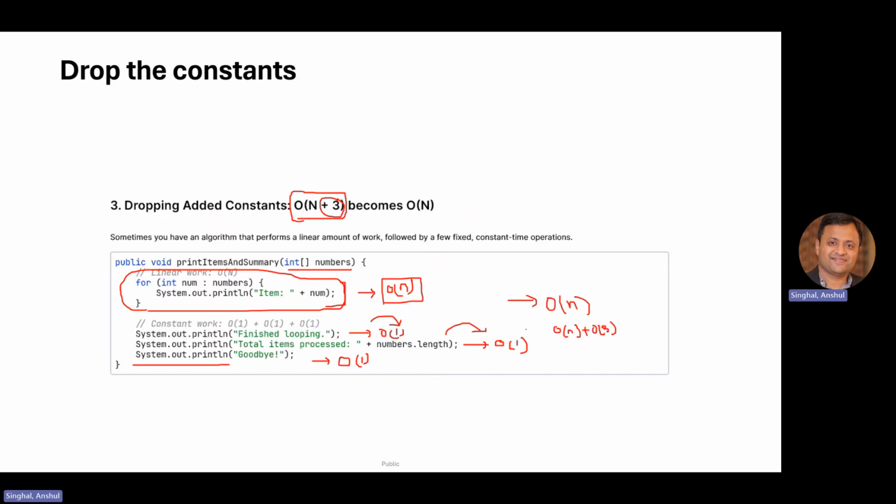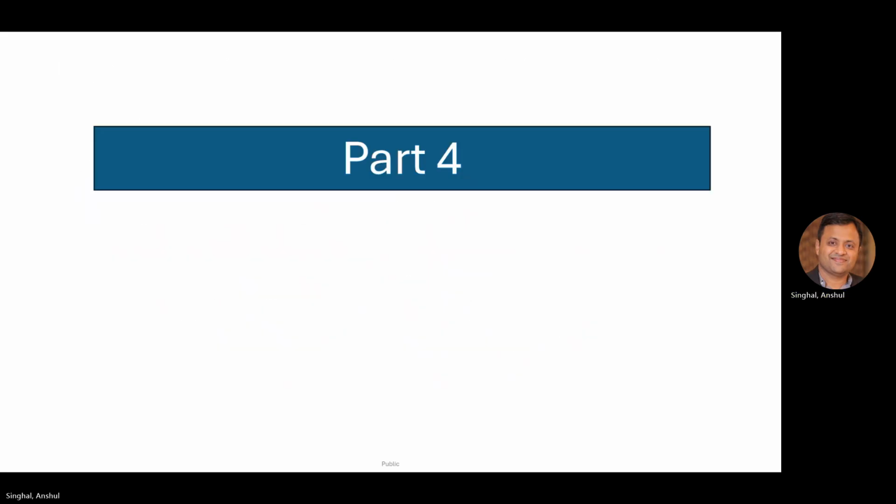As you have seen previously when we were talking about dropping the constants, we first took order of n based on the array iteration, and the other steps were done in constant time. So the dominant term is order of n, right? So that's it.